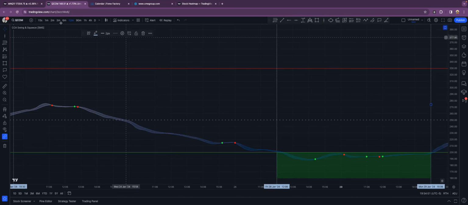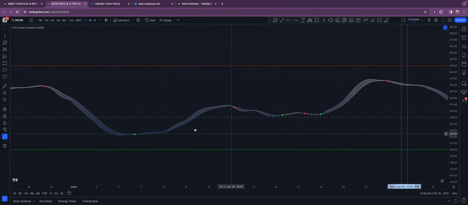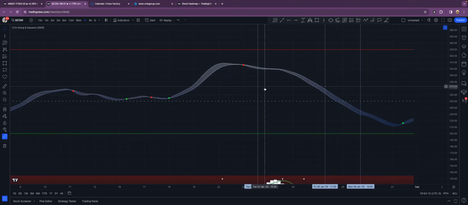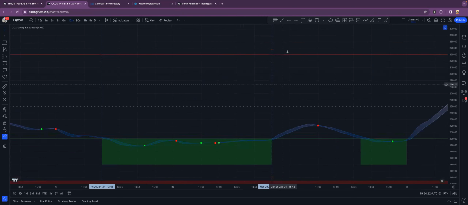That way we keep track of this on the 1 hour chart. Let me make sure these are the same two lines. Okay, that's where we at.